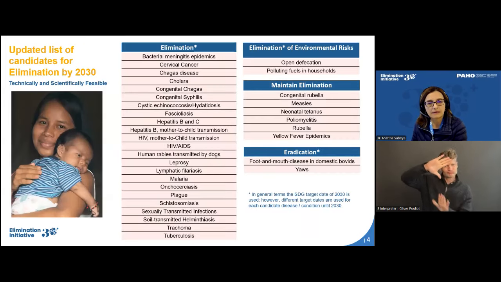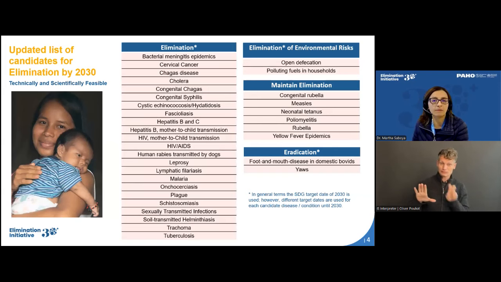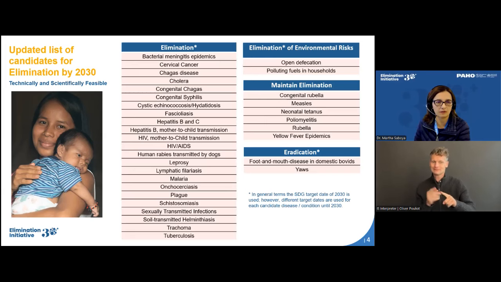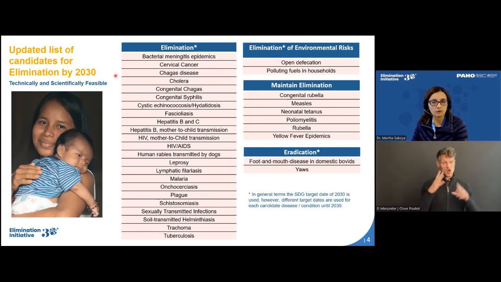This is the current list of the 30 plus diseases and conditions that we have included in the elimination initiative. They are divided into 4 groups. The first group has the list of diseases in which we know that we have tools and strategies to achieve the elimination targets, and that it is technically and scientifically feasible to achieve those targets.